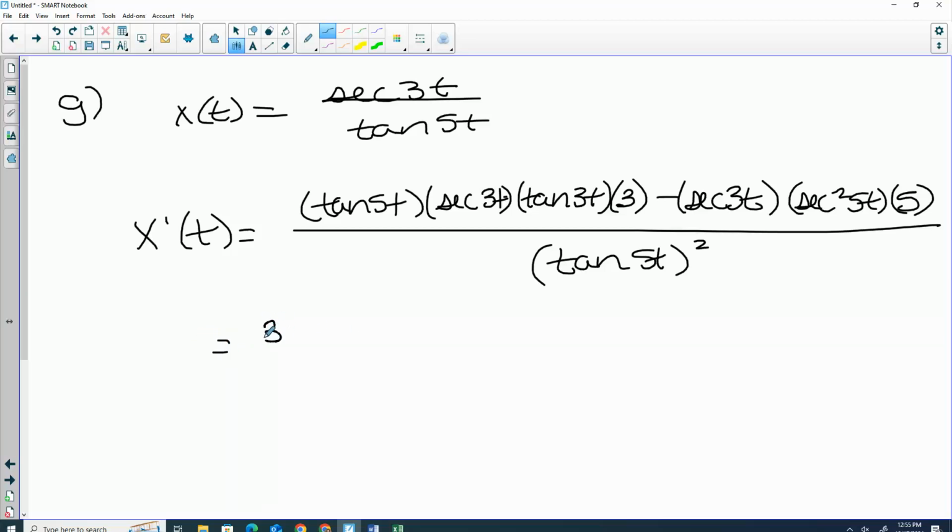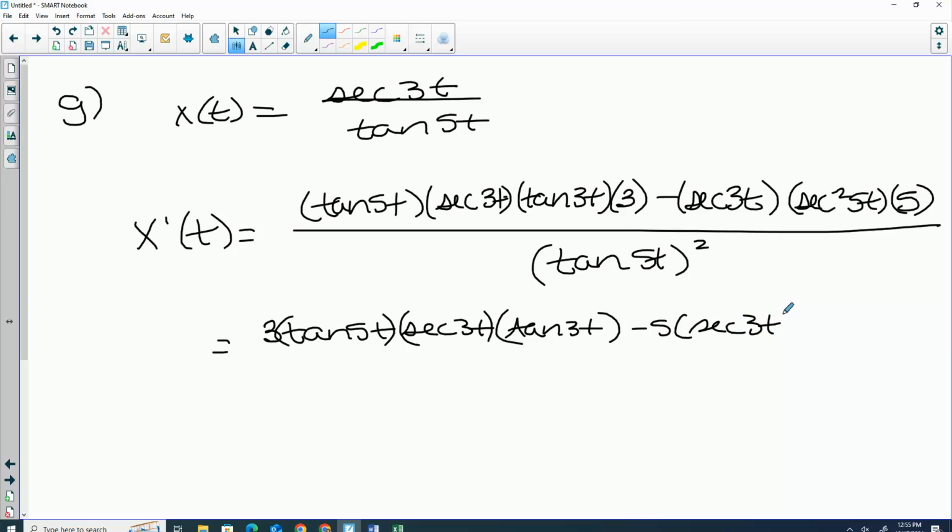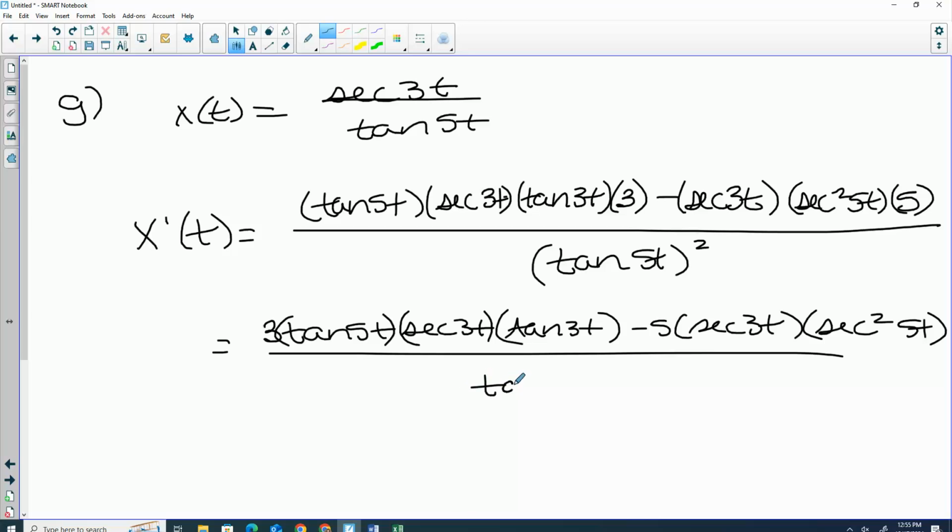So if we just pull our coefficients out, we get 3 tangent 5t secant 3t tangent 3t, minus 5 secant 3t secant squared 5t, over tangent squared.